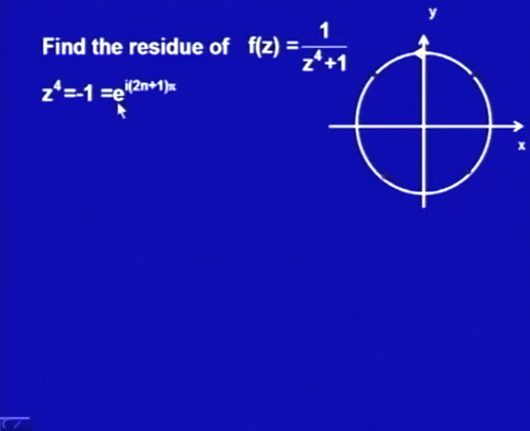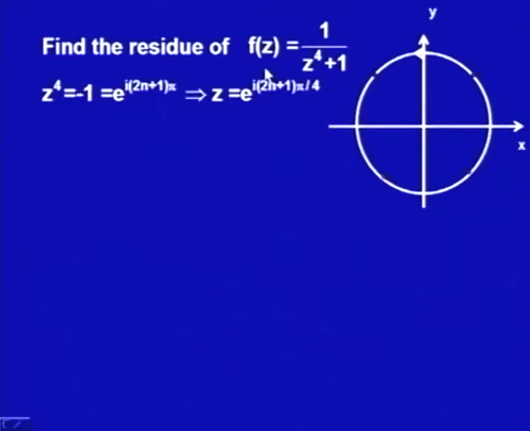Minus 1 we could write as e to the power i(2n plus 1)pi. From here, for n equal to 0, 1, 2 and so on, z would be e to the power i times (2n plus 1)pi by 4.